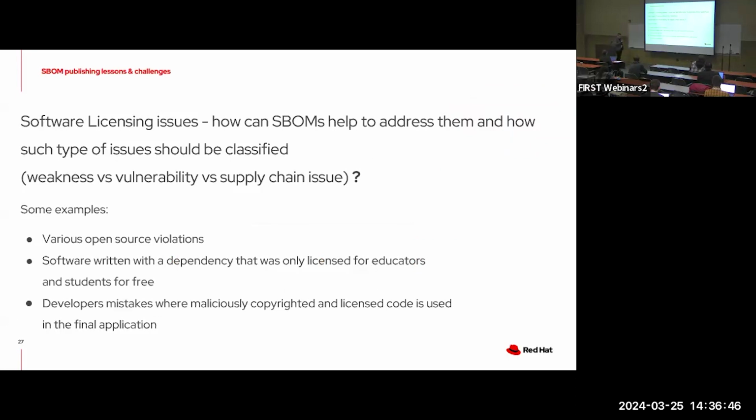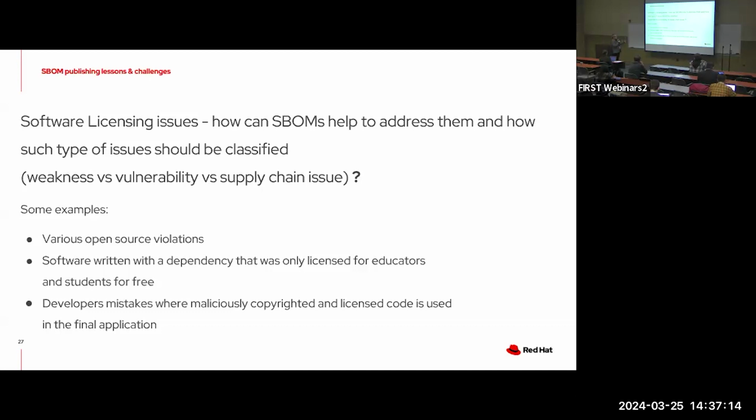So we talk about SBOM production. For now, we were focused mostly on SBOM components and artifacts. We didn't talk about licensing, software license issues, how SBOMs can help to address all of those problems related to licensing, and how to handle license problems.